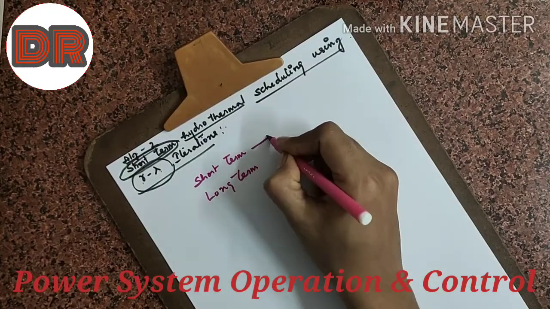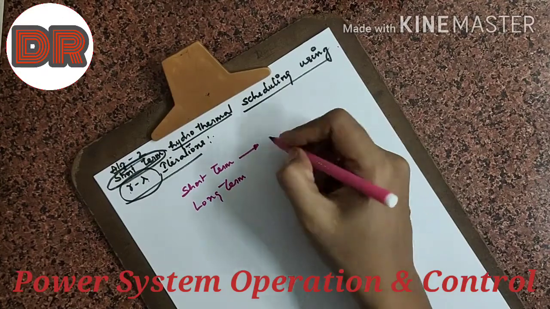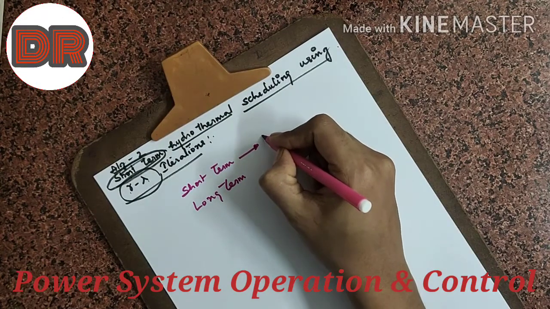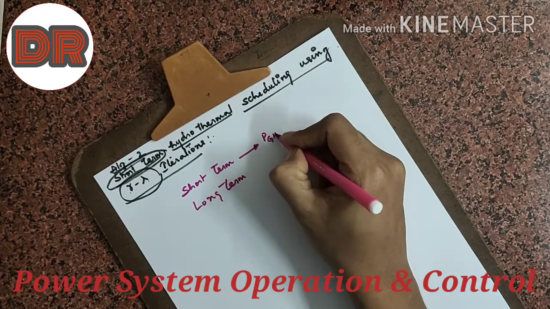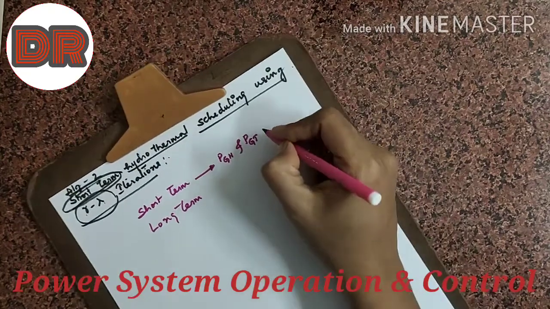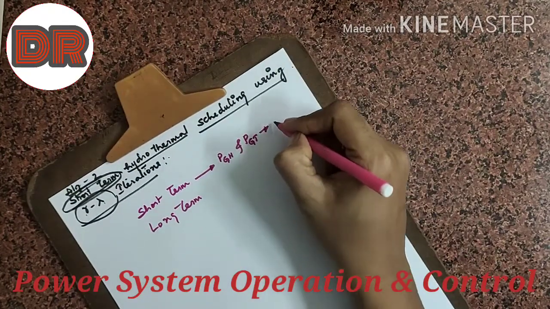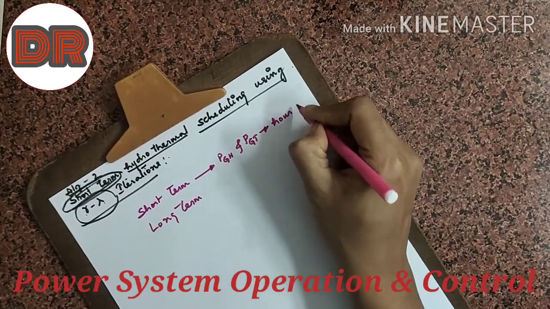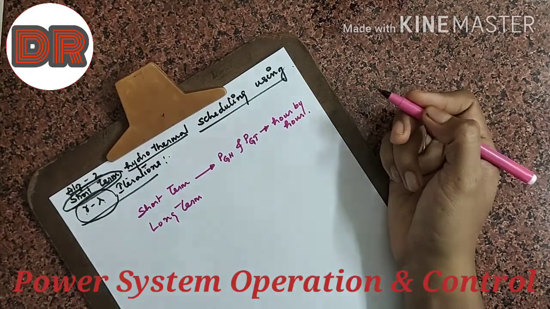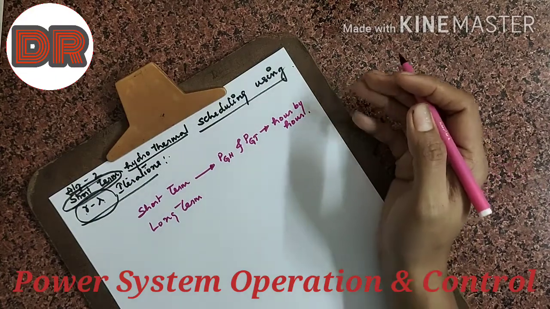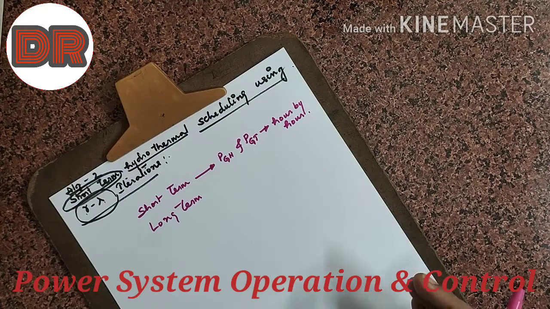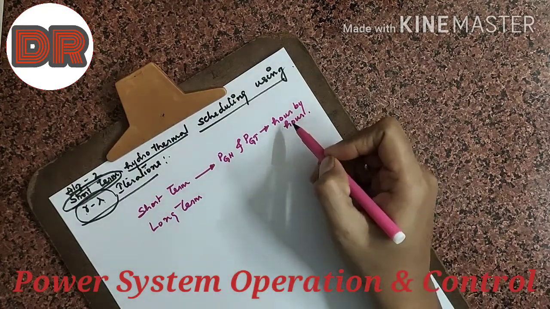Short term scheduling is normally scheduling of both thermal and hydropower plants, that is nothing but finding the value of PGH and PGT, and here scheduling will be done on an hour basis, that is hour by hour scheduling, for each and every hour for the entire time period.